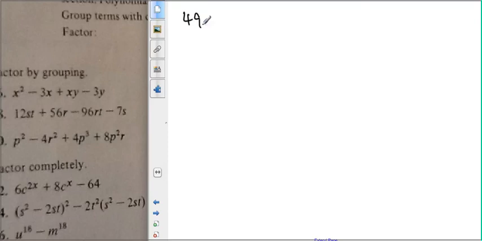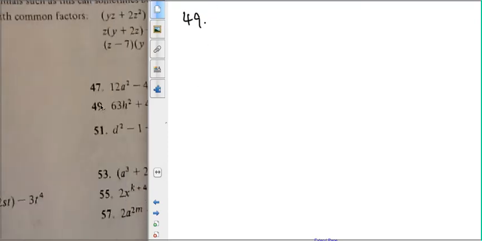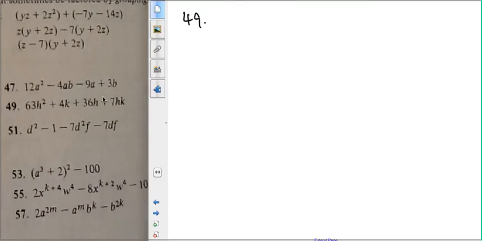Number 49. 63h squared plus 4k plus 36h plus 7hk.